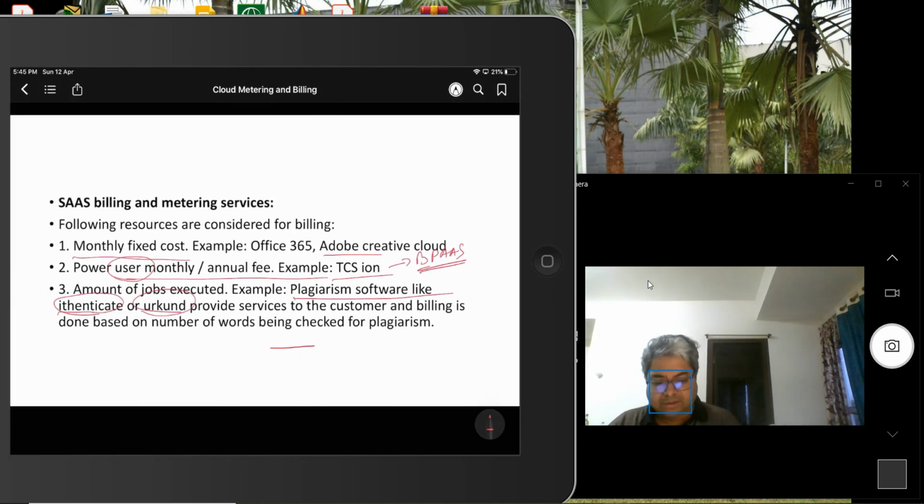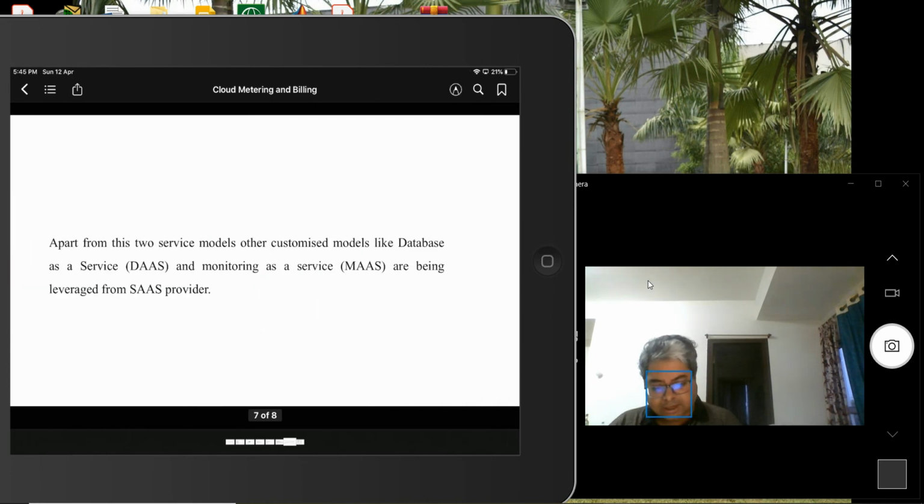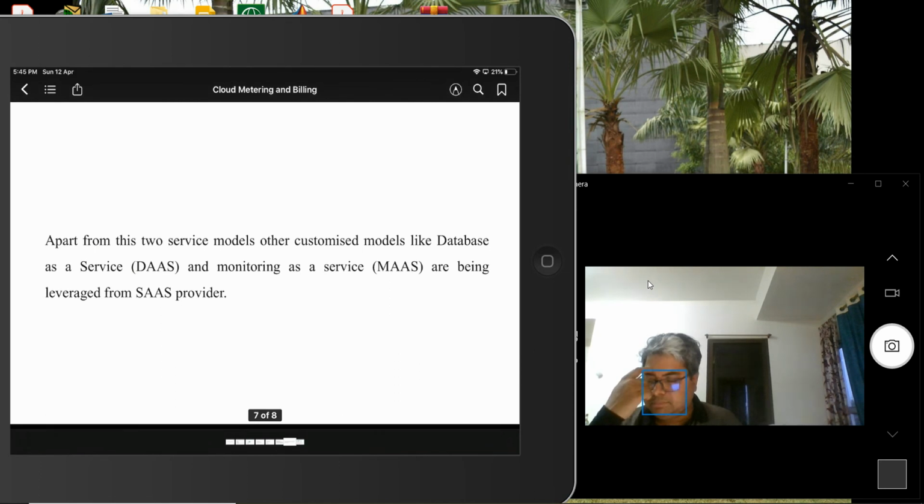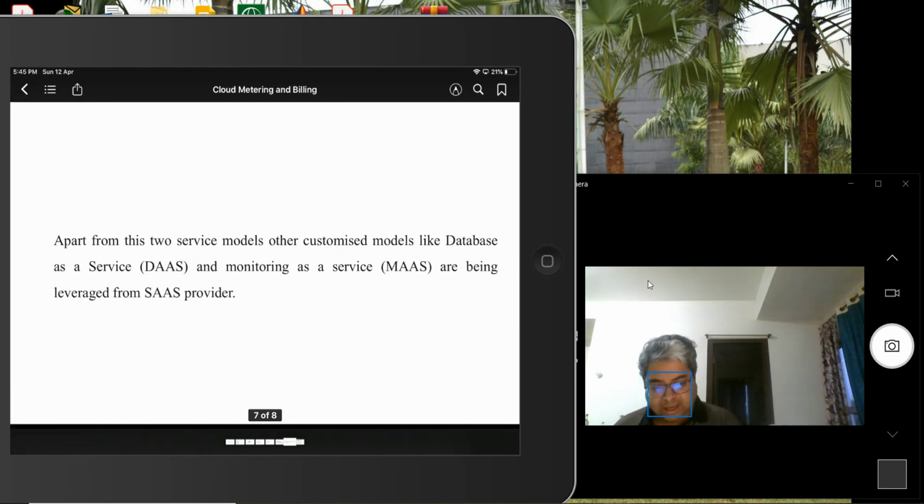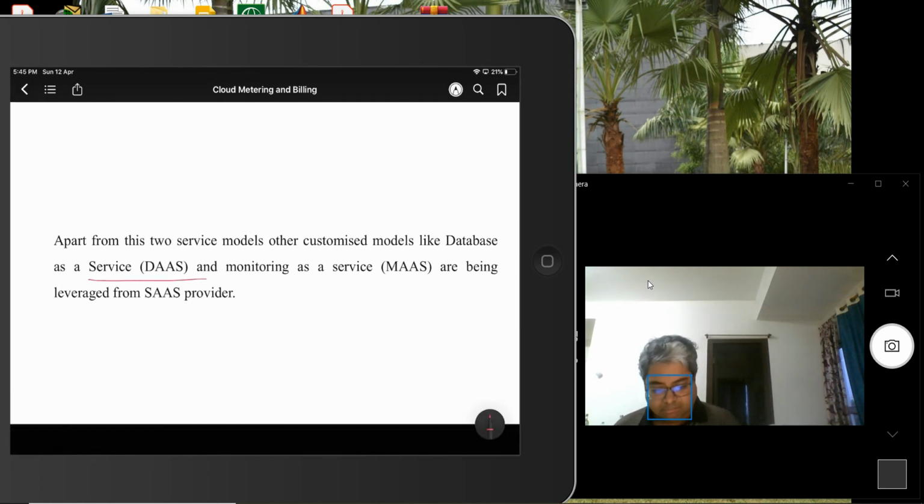We'll show you one tool through which you can keep track of your entire billing and metering procedures. Apart from these three basic services, IaaS, PaaS, and SaaS, customized billing and metering modules are also there for one service called DaaS, and another called MaaS.